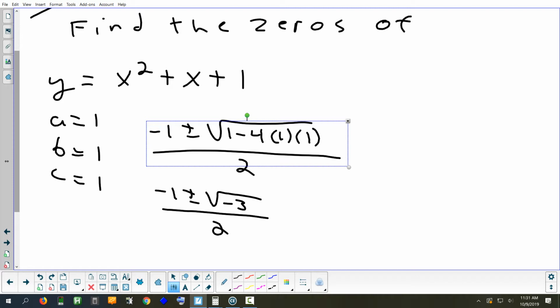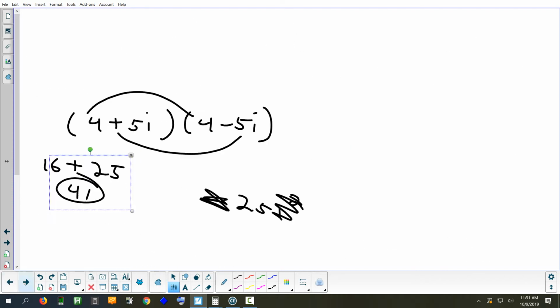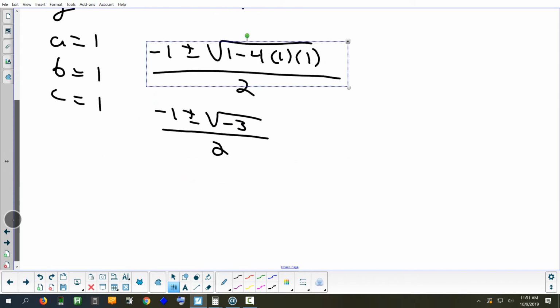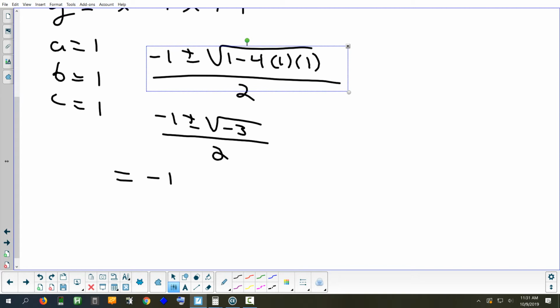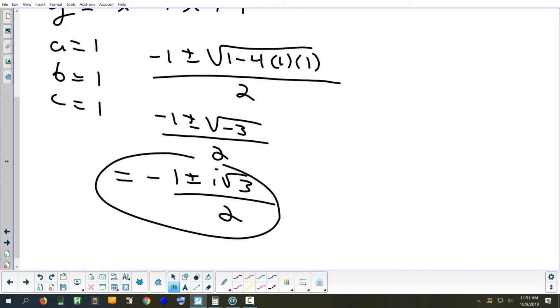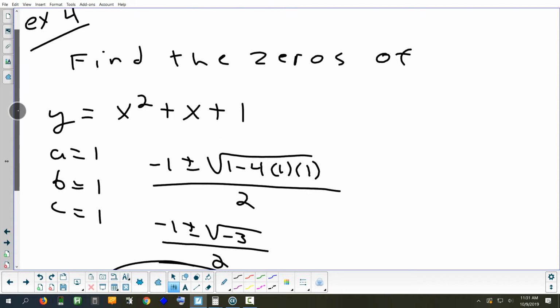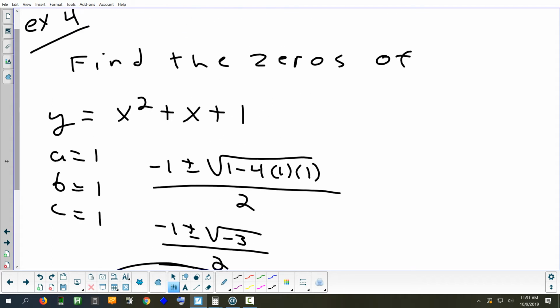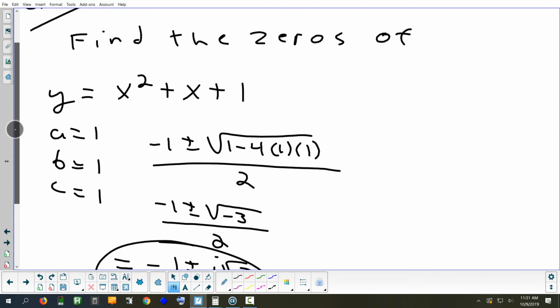Okay? And if you wanted to write it in standard form, you technically would write it like this. Negative 1/2 plus or minus root 3 over 2i. That's putting it in a plus bi form. Now, what do you notice about these 2 answers? Negative 1/2 plus root 3 over 2i, negative 1/2 minus root 3 over 2i.